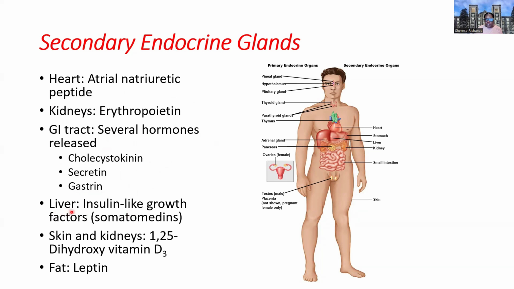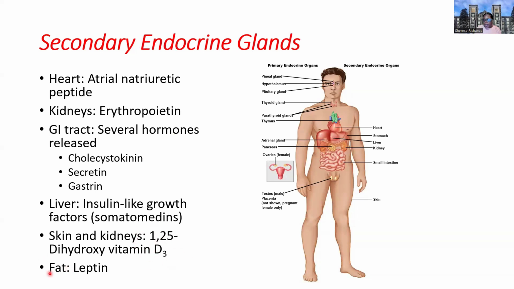The liver secretes insulin-like growth factor, or somatomedins, and these can have an effect on the growth rate, the rate of absorption, and metabolism of cells. And then the skin. The skin is number 1, a barrier, but it can also activate vitamin D from the sun into its active form, which is D3.